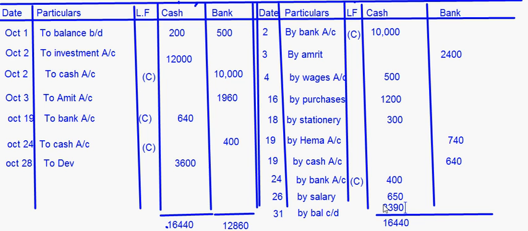So it's basically 16,440 minus 13,050, which is 3,390. That is the cash balance.